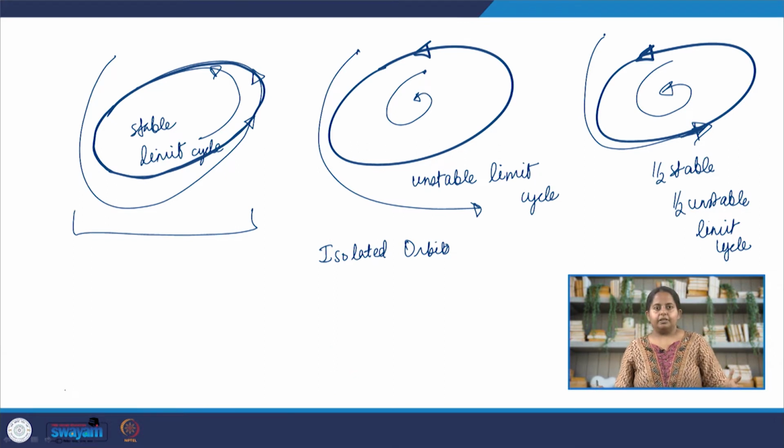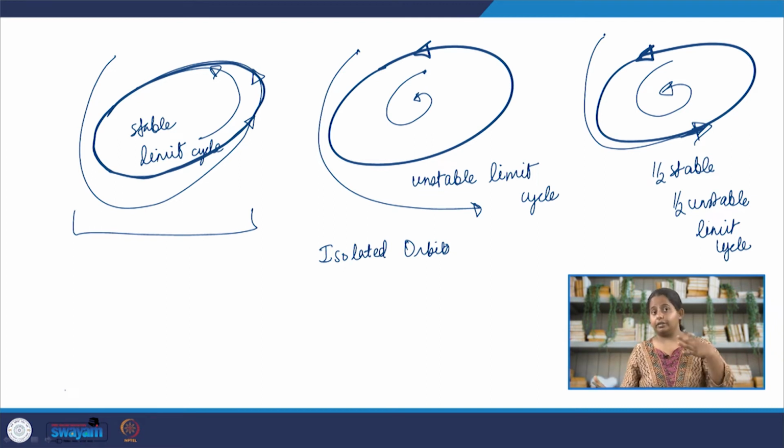So as I was saying, in environmental systems and in life systems, stable limit cycles are very important, and each limit cycle, each orbit will have its own periodicity, its own amplitude, its own waveform. And if there's any aberration, in case of stable limit cycle, things will try to come back to the orbit, come back to the limit cycle.